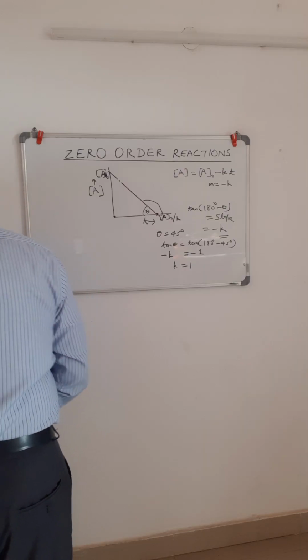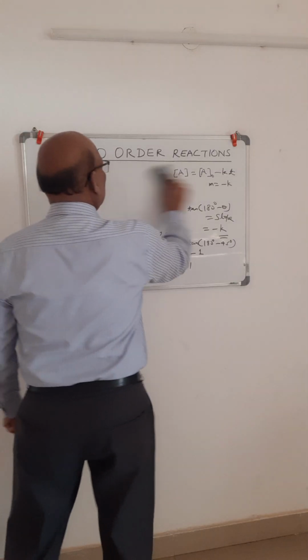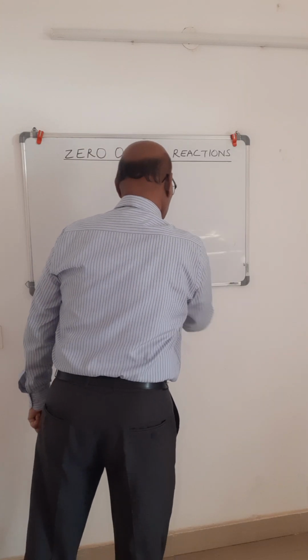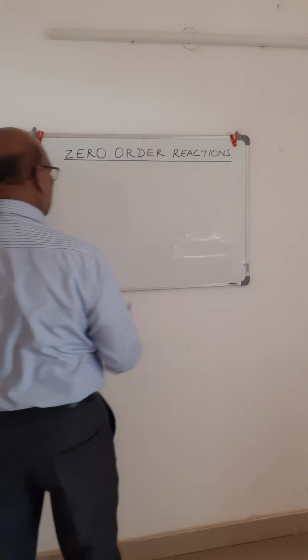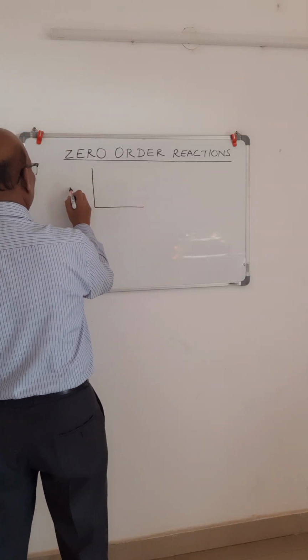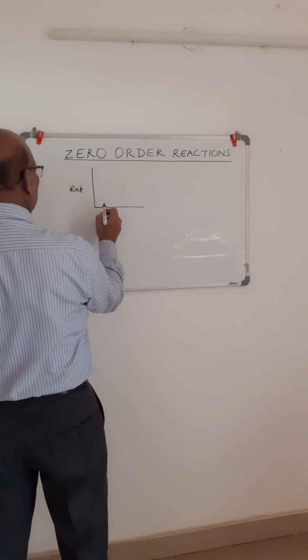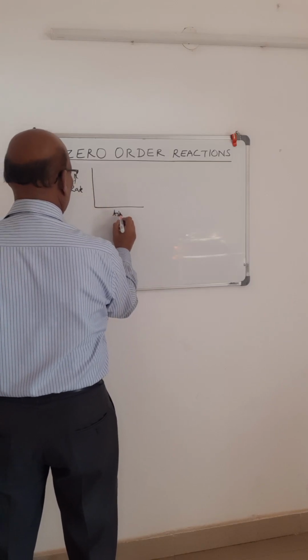Okay, so now we take some questions based on this reaction. Before that, I will draw the 4 graphs that are known for this. One is the rate of zero order reaction, rate of reaction versus time.